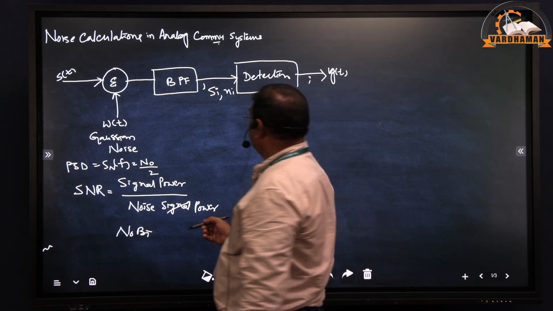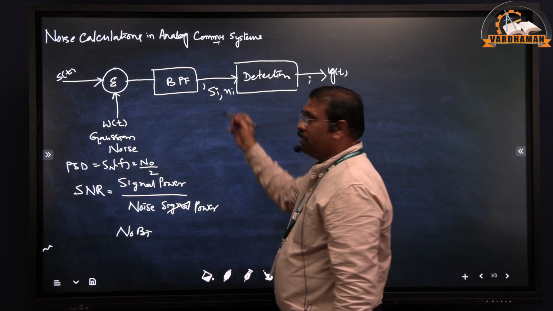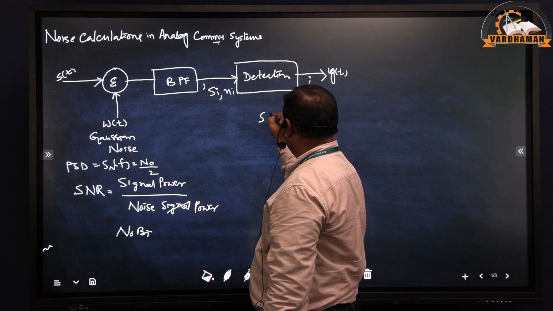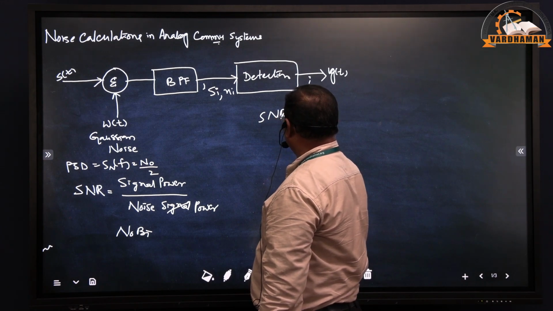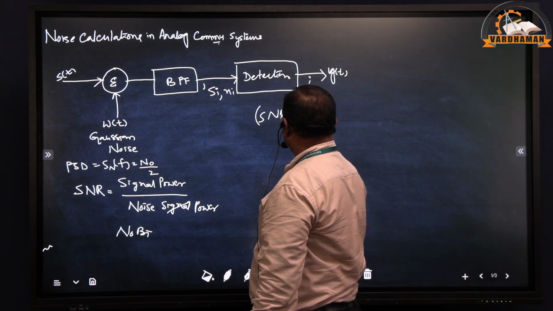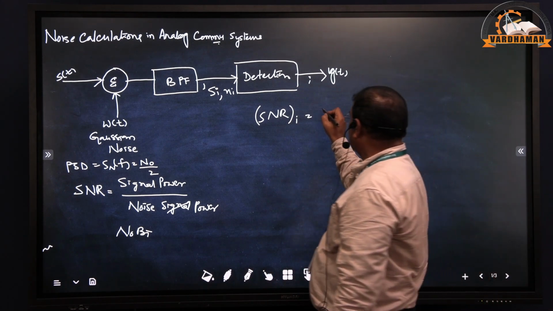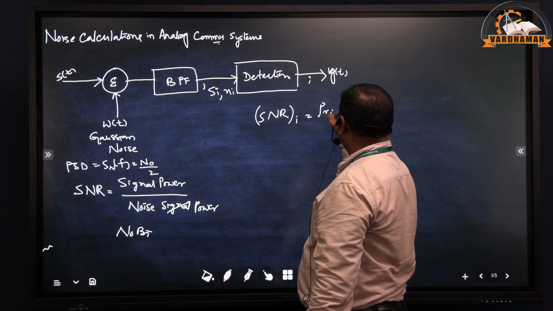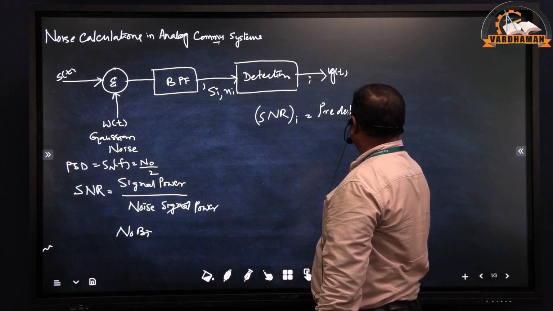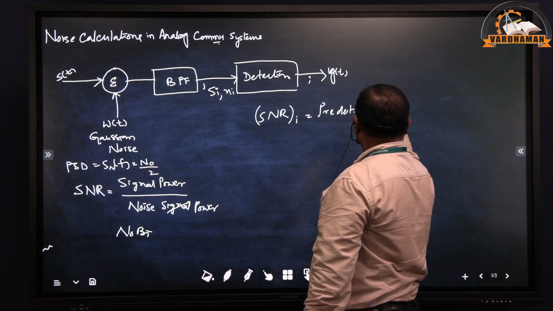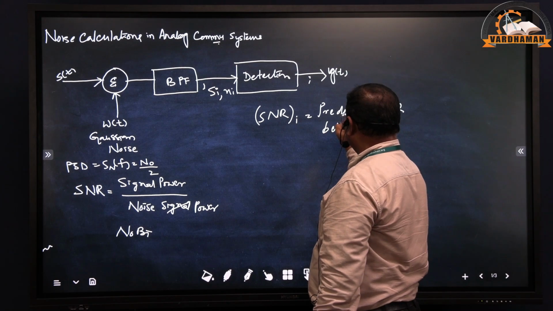Another important parameter is how to calculate the SNR. We have seen the types of SNR. One type is the signal to noise ratio at the input side. We call it SNR input, or the pre-detection SNR. This pre-detection SNR we need to measure before demodulation.